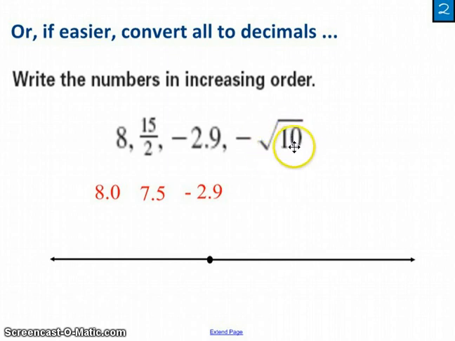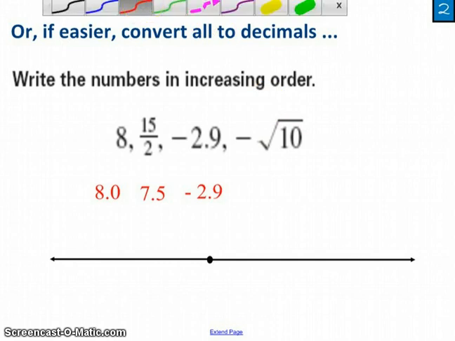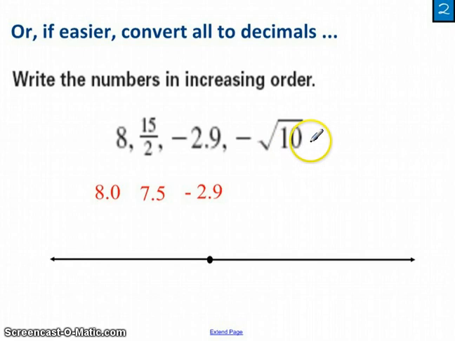You have to, and the MCAS makes great use of this insight, you have to be able to see that there are square roots near the square root of 10 that you do know. You do know the square root of 9, and you know the square root of 16.